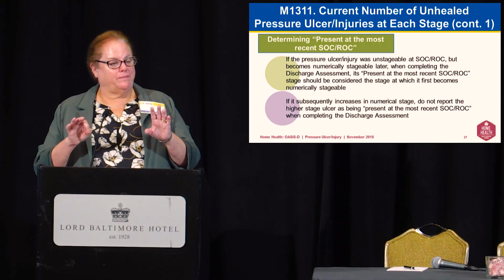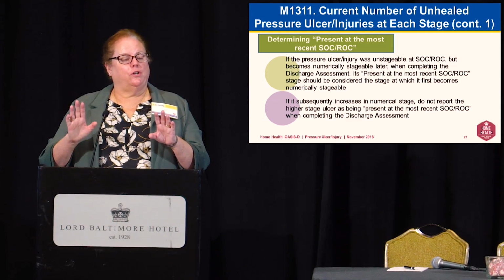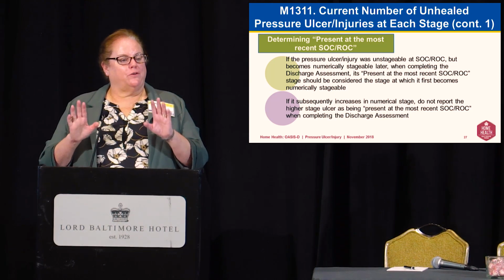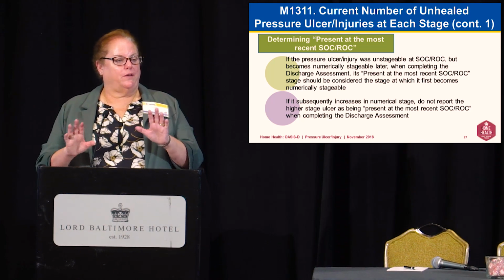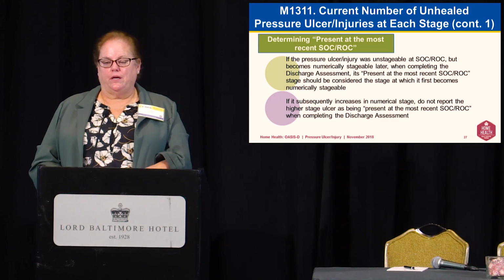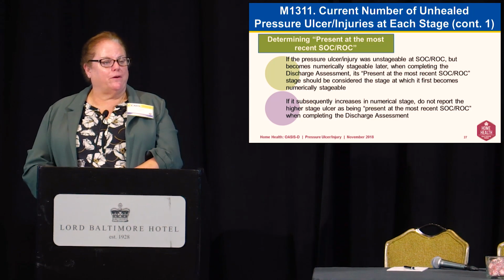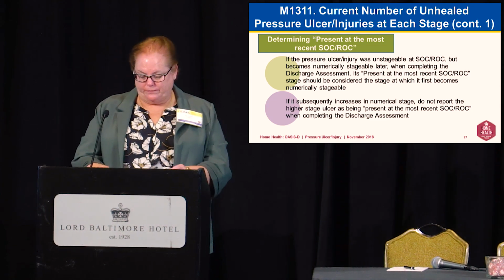You can see bone and tendon. At the point of discharge, it is not considered present upon admission because it actually worsened in the time that you had that. Is that clear to everyone? We're going to go through some examples, and it's these subtleties that really matter. So understanding how to code these is critically important.